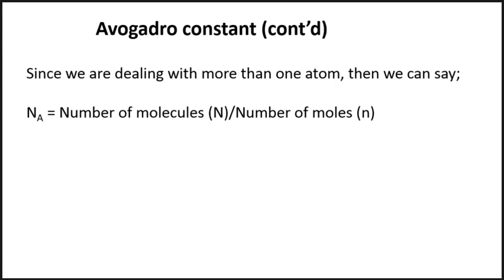We use small letter n to represent the number of moles, and we use capital letter N to represent number of molecules. So I've been able to give you 2 different relationships between Avogadro's constant, number of molecules, and number of atoms.